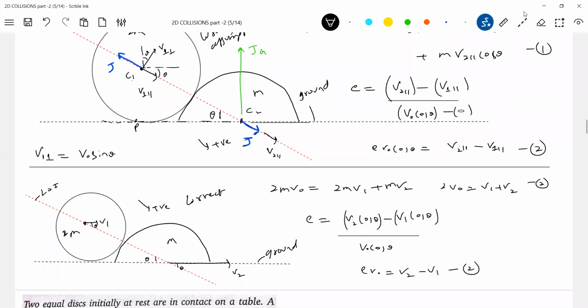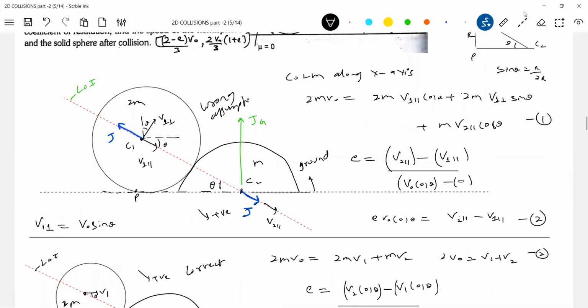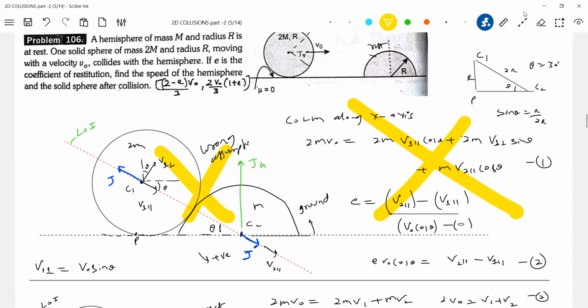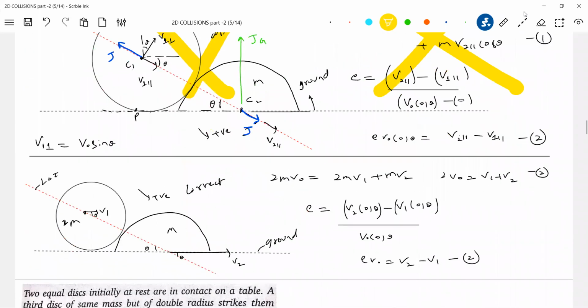You're not just colliding objects, even the ground will play a role in deciding the motion of the colliding objects. Fine. So you solve it, you'll get the answer. If you solve by the first method, there's something wrong. Is it okay now? Okay, sir.